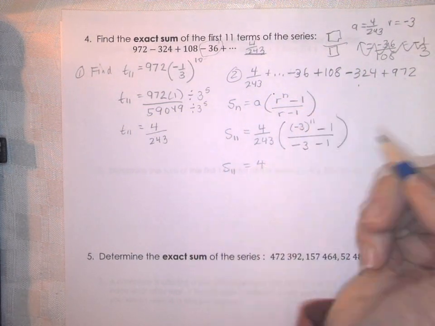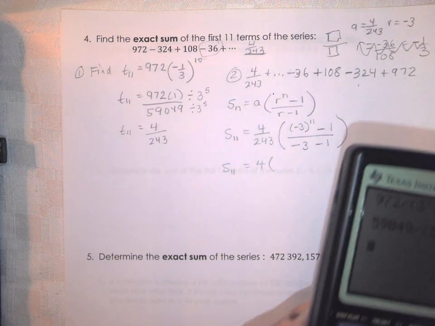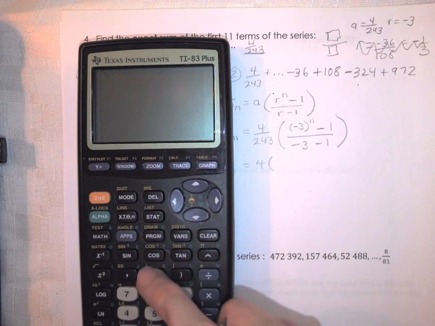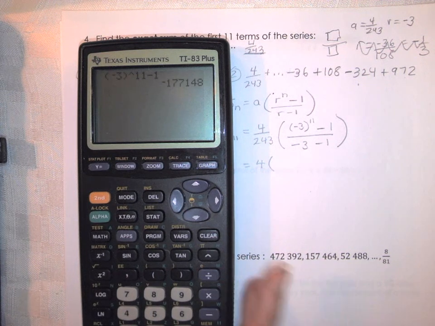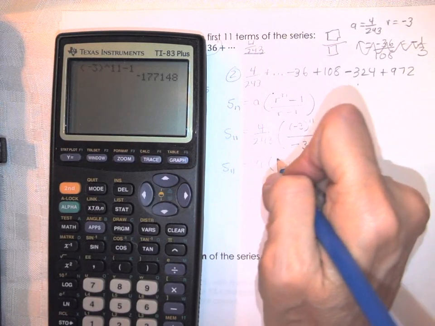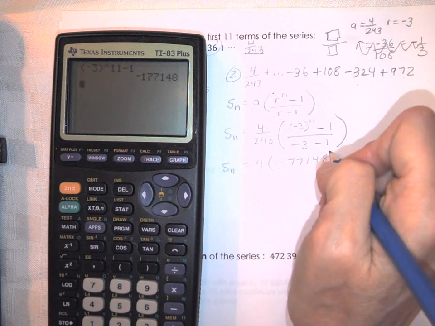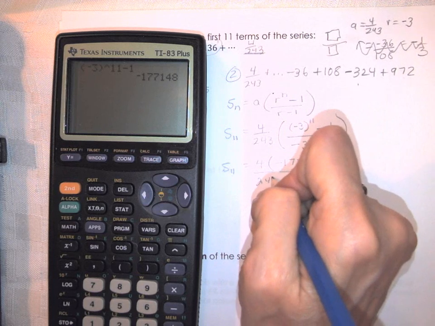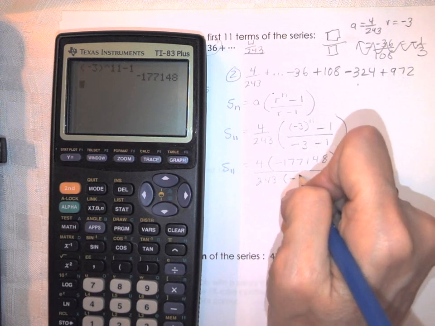So I've got 4 on top here, and then I'm going to go to my calculator to figure out what -3 to the power of 11 minus 1 is, and that's -177,148. And then on the bottom, for now, I'm going to leave this as 243 times -3 minus 1 is -4.